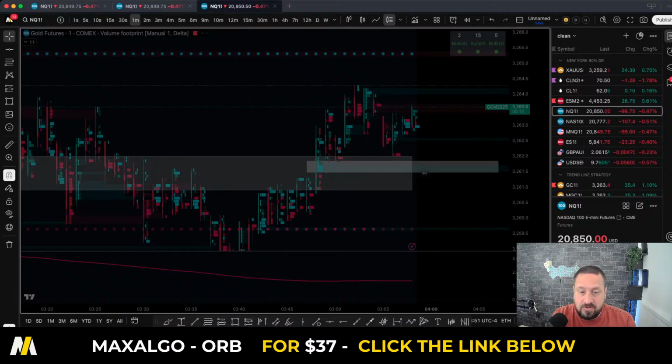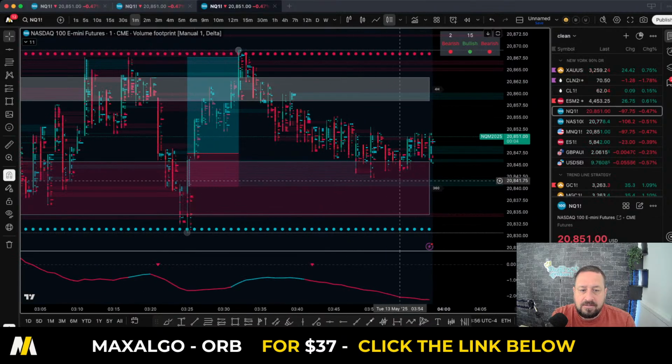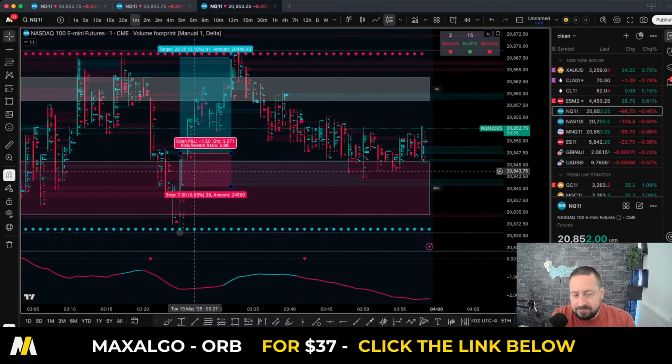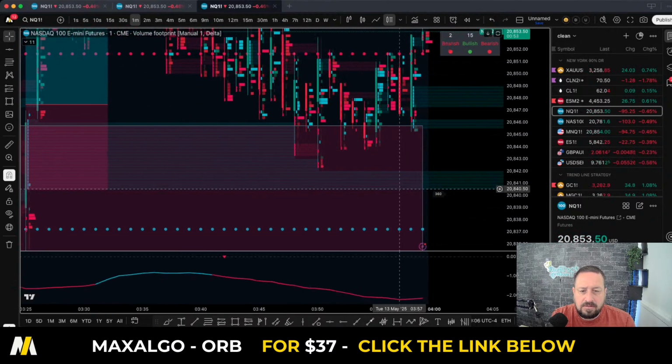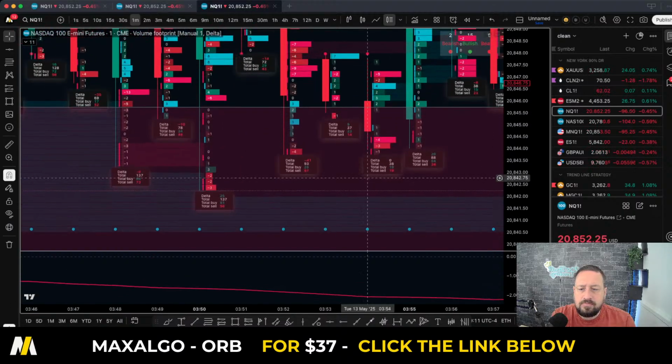And then you've got your narrative of where you expect price to hold, right? So we took this area inside of our 6 hour. You can see price comes back into, right, we come back into this area.